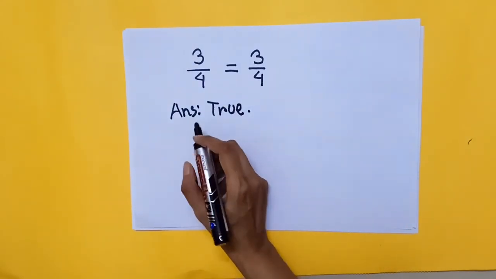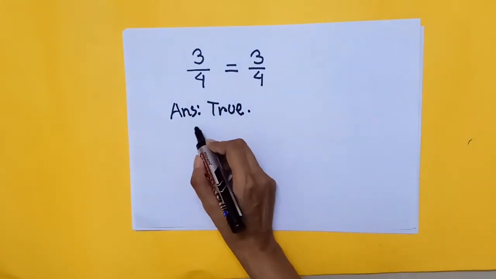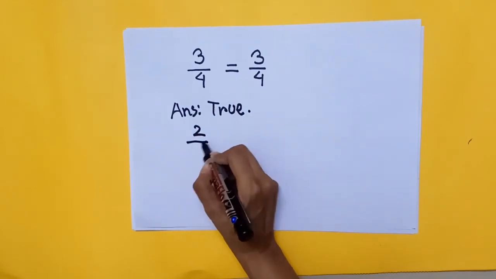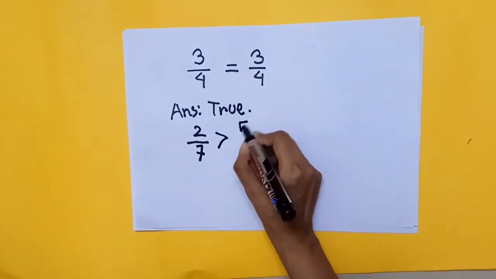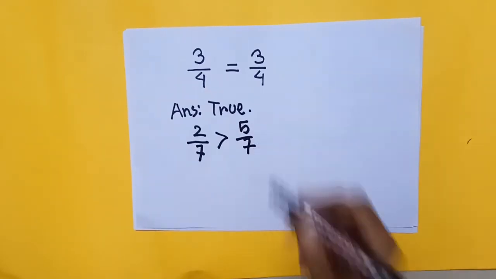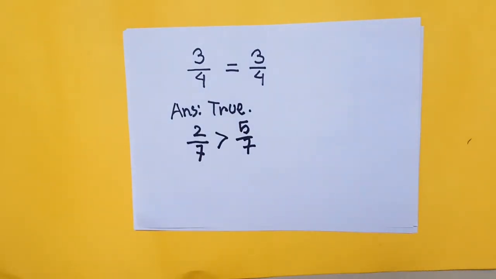Again, if the statement is that 2/7 is greater than 5/7, then first we have to observe that the denominator is the same, and the numerator 5 is greater, that's why this one is greater. So this statement is false.